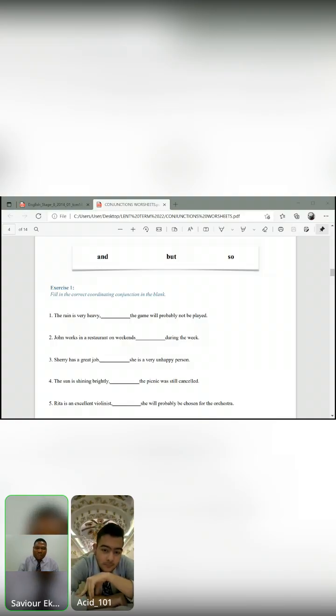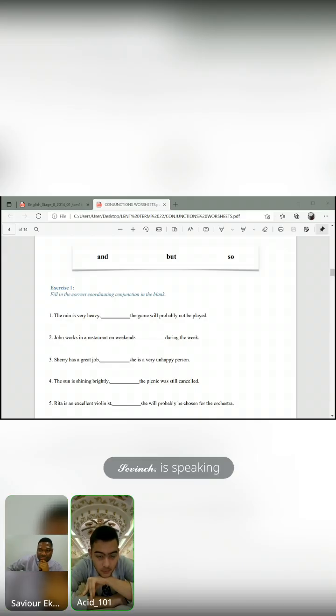Is that a compound sentence? Between number 1 and number 2, which one is a compound sentence? One. Number 1 is a compound sentence. Is number 2 not a compound sentence? No. Why? Because there's no comma. It's all one part.